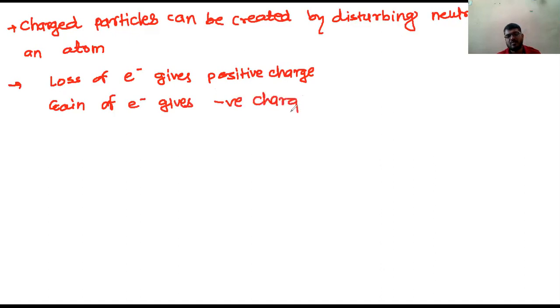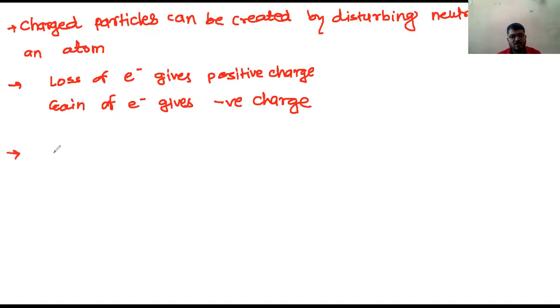Already I told one example also, chlorine and sodium. Yes, the one who is taking electrons, or the one who is accepting electrons, that will form negative charge. The one who is donating or who is giving electrons, that will form positive charge, isn't it? That is what the meaning of these two sentences. Loss of electron gives positive charge, gain of electron gives negative charge.